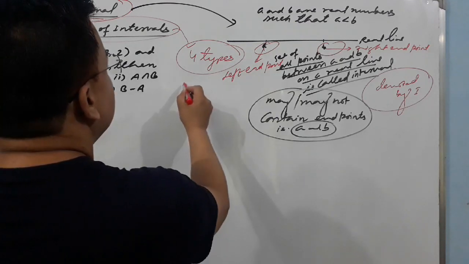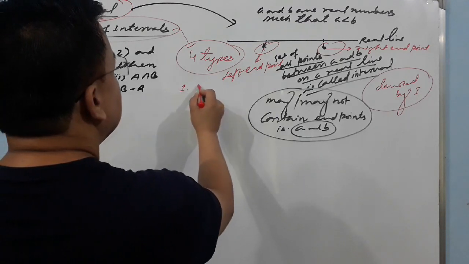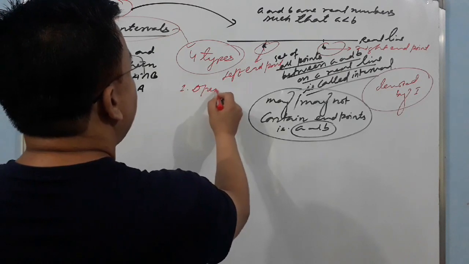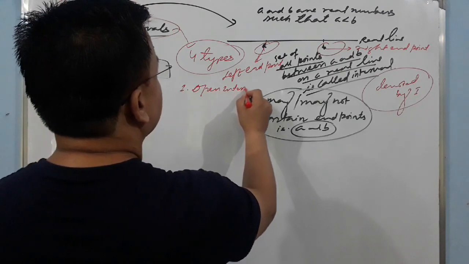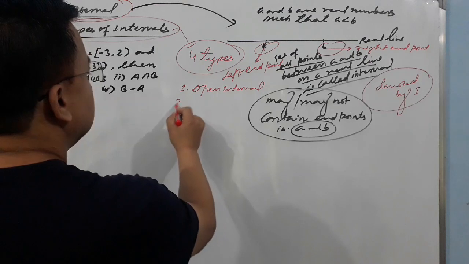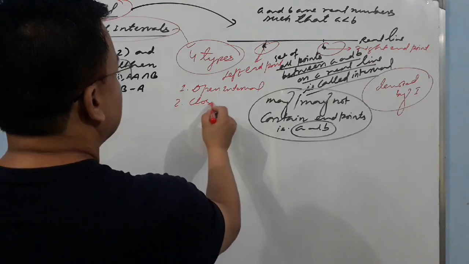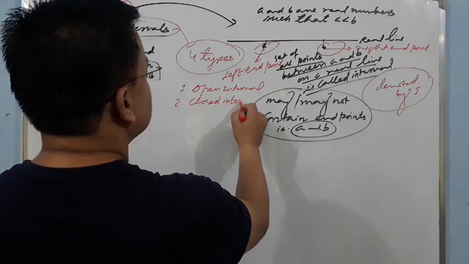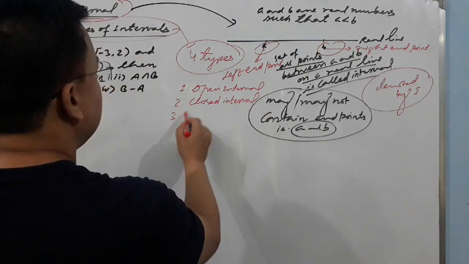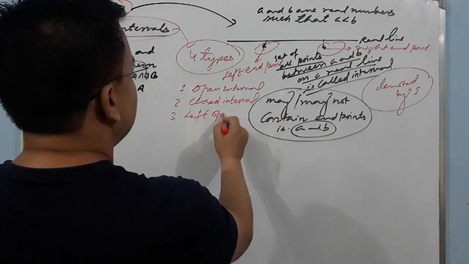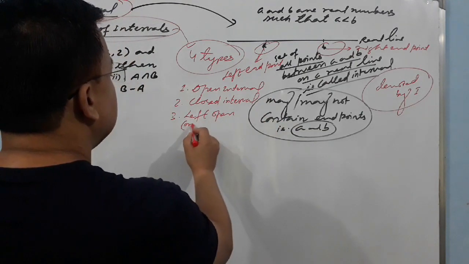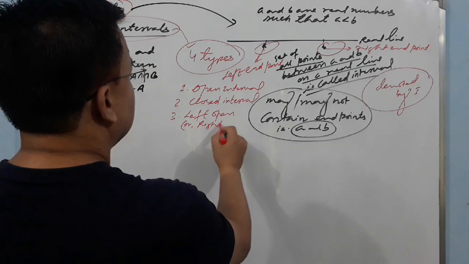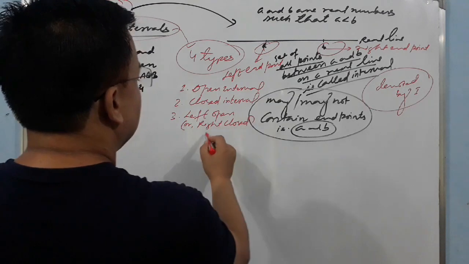Number one, open interval. Number two, closed interval. Number three, left open or right closed interval.